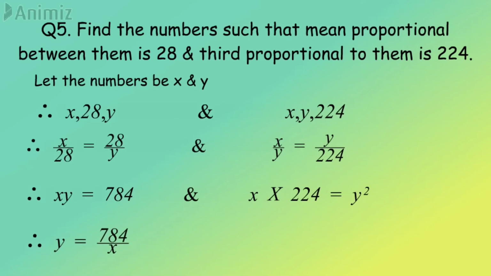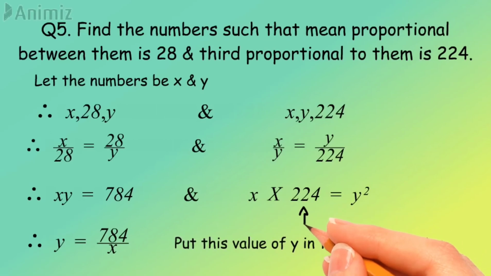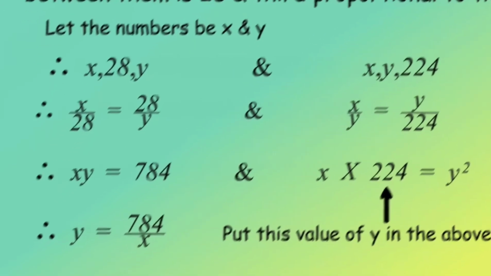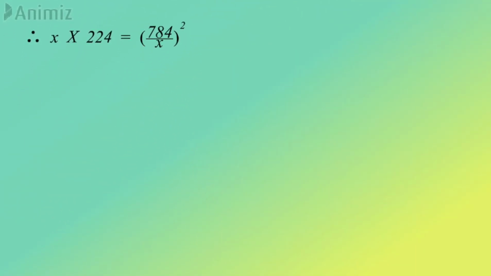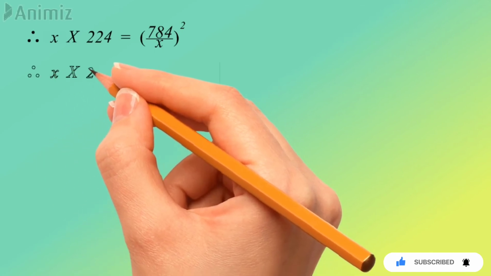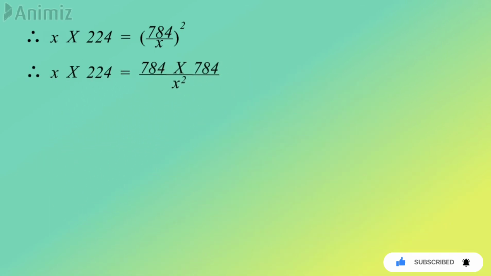Now substitute this value of y in the second relation, which is above, whatever I have written. Now students, on substitution you will get this step. What does this indicate? X into 224 will be equal to 784 into 784 upon x square.